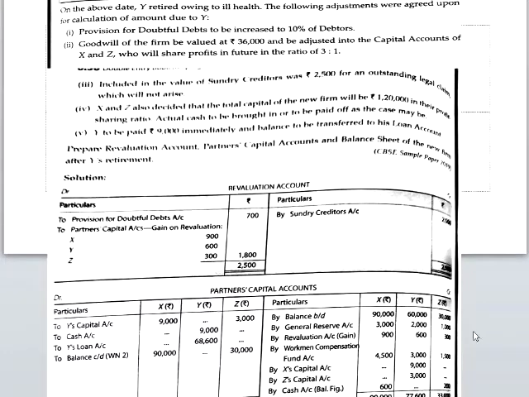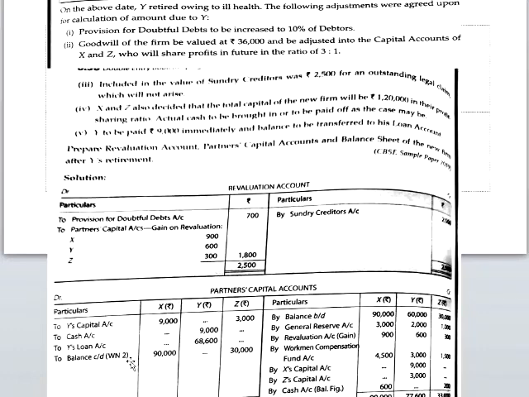Capital here is written 90,000, 60,000, 30,000. General reserve in the balance sheet is distributed. This profit is transferred. Workmen compensation fund, there is no claim, so all the fund is distributed in their capital ratio. And this goodwill is 9,000, of which 3,000 is borne by X and Z.